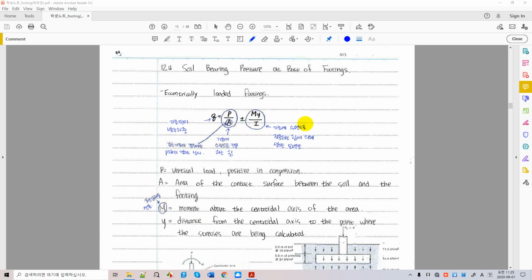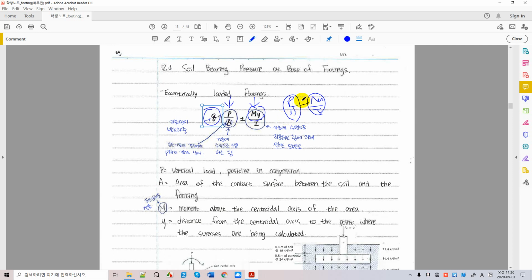Now let's calculate the bearing pressure on the foundation, which is Q over there. Q is composed of the vertical axial load and the stress due to the overturning moment. So sigma from the vertical load can be calculated as P over A, and we have M y over I for accounting for the overturning moment.